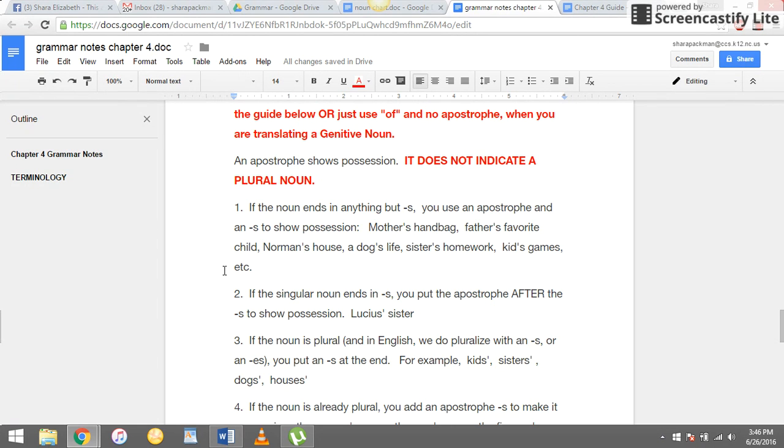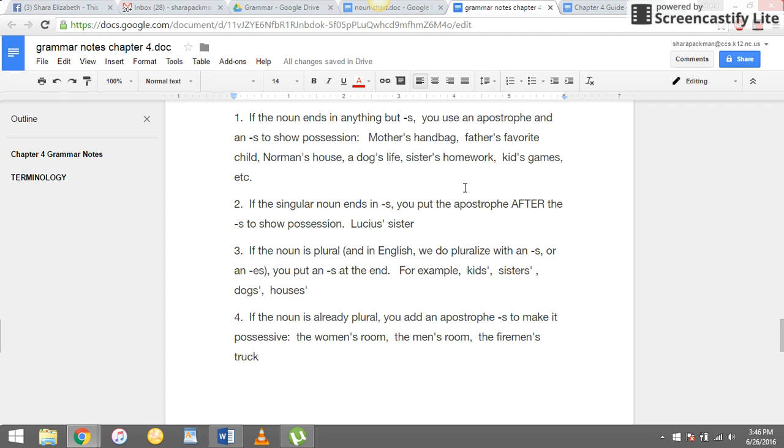If the noun ends in anything but S, you use an apostrophe and then an S to show possession. Mother's handbag, father's favorite child, Norman's house, a dog's life, sister's homework, kids' games. If the singular noun ends in S, you put the apostrophe after the S to show possession. So Lucius is only one person, but it's S apostrophe because he ends in S. So Lucia is Lucius' sister.